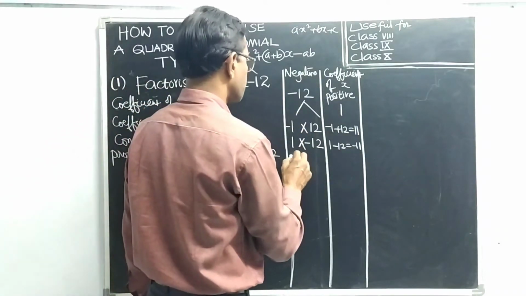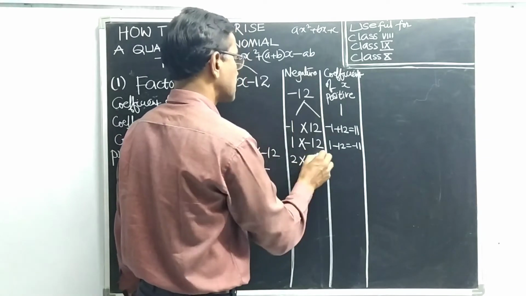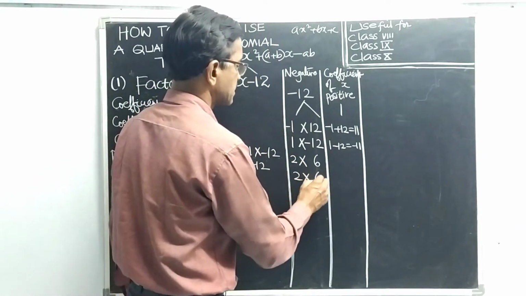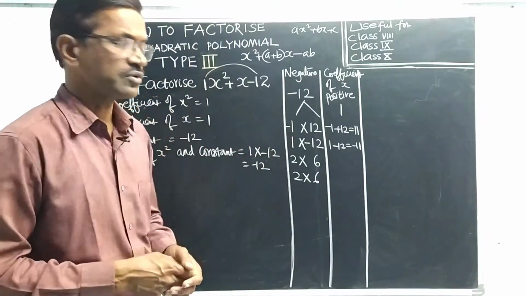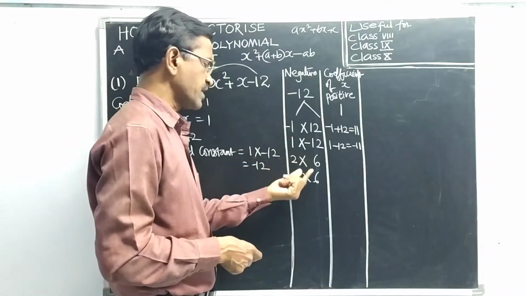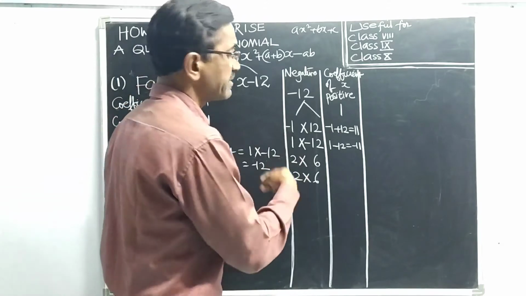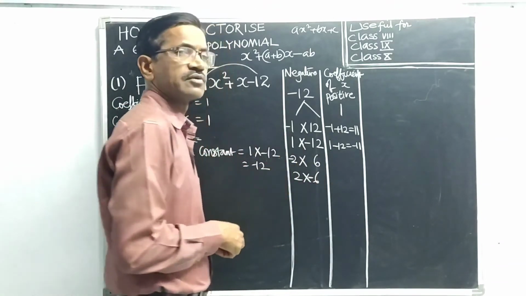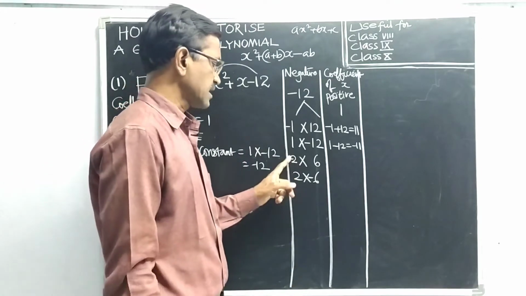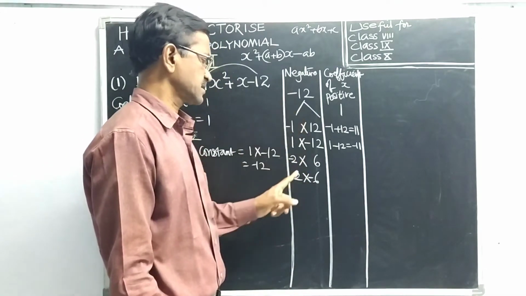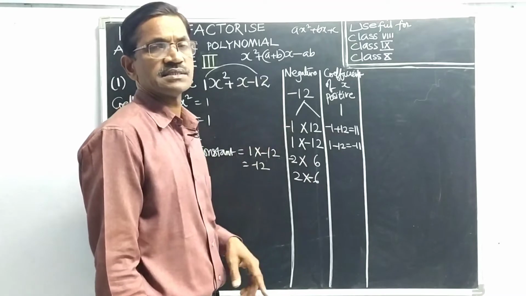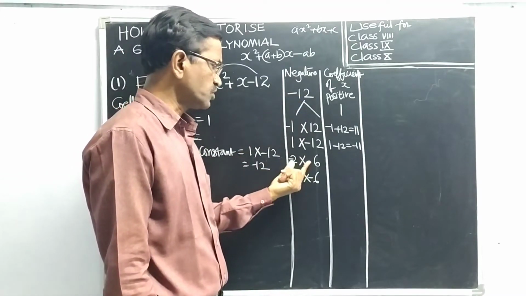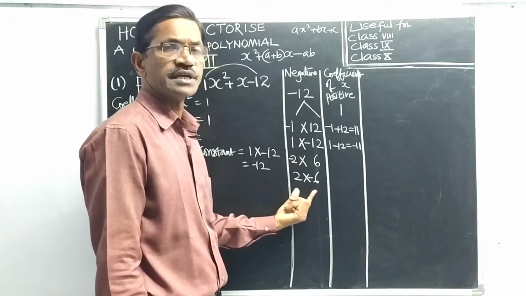Then take 2 into 6, which is 12. Here also there are two possibilities. If the product is negative, in the pair of two factors, either may be negative: either 2 is negative or 6 is negative. When the product is positive, we should take both positive or both negative.